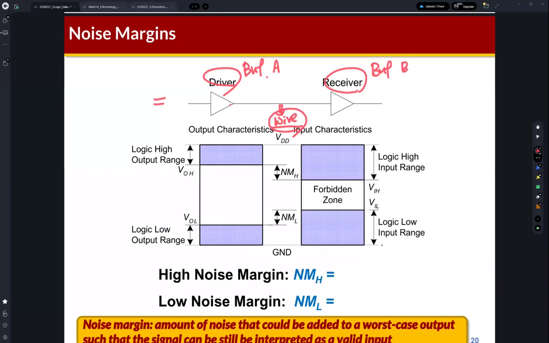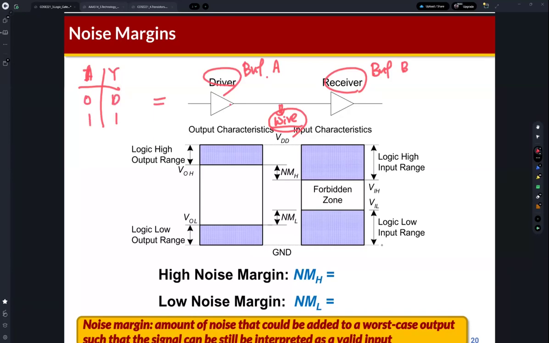When we learned about the buffer logic gate, we learned that this is the input A and this is the output: if the input is 0, the output is 0, and if the input is 1, the output is 1.